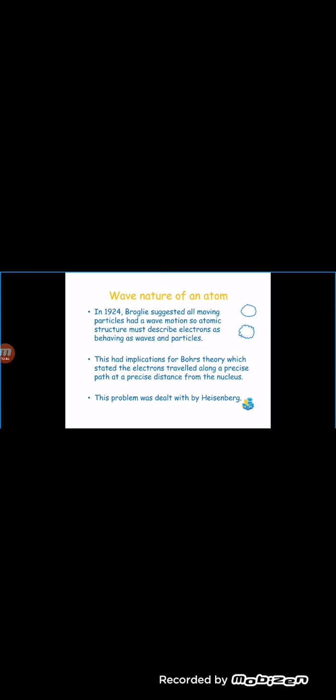So this had implications for Bohr's theory, which stated that electrons travelled along a precise path at a precise distance from the nucleus. So here they had a precise path, but here they are different distances from the nucleus due to their wave nature. And this problem was dealt with by a scientist called Heisenberg.